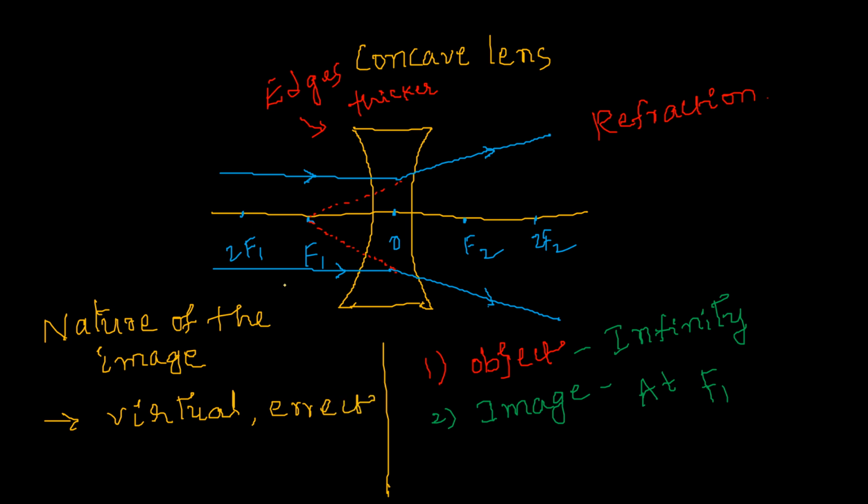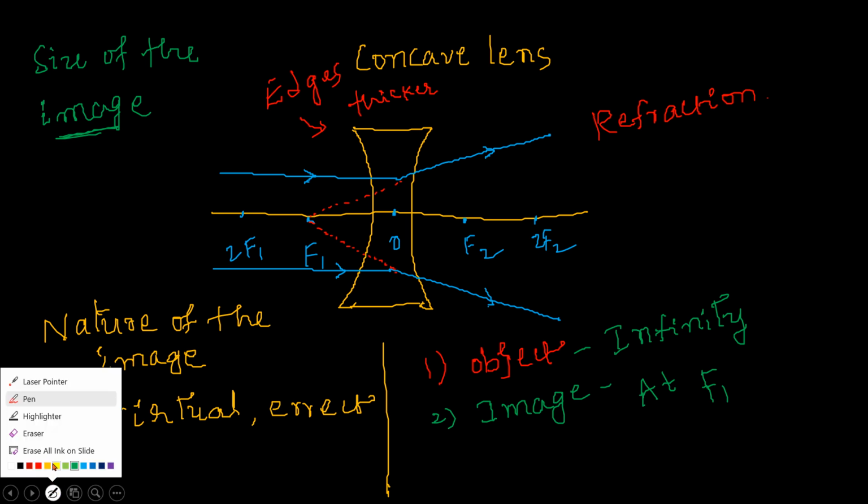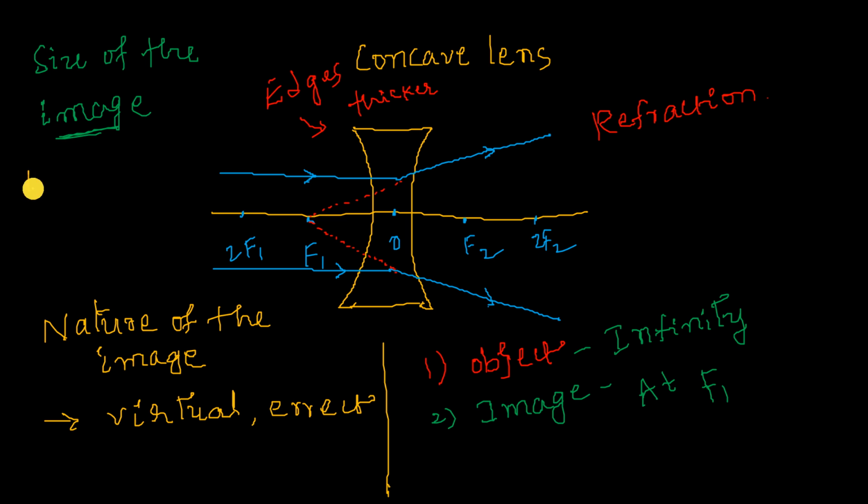And the size of the image is a point-sized image, highly diminished. A highly diminished or point-sized image is formed at the focus, that is F1.